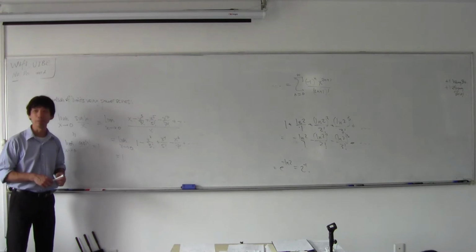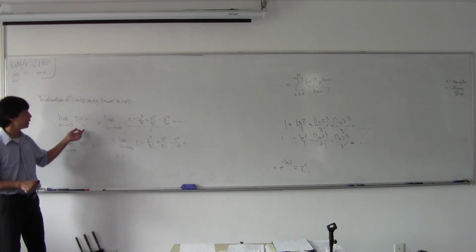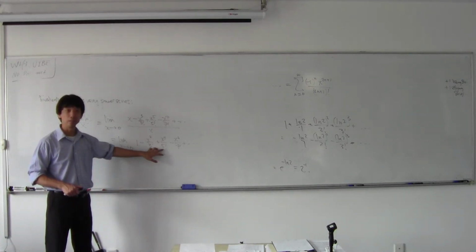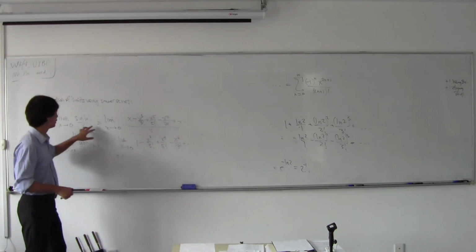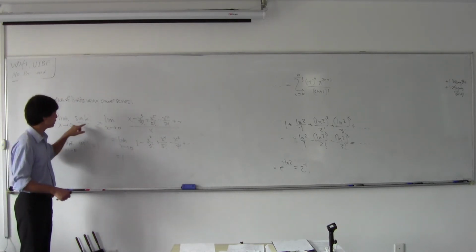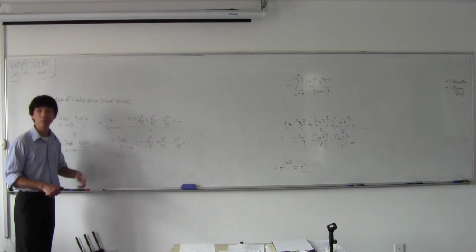It really feels like 1. The point is that this thing here is the power series expansion for sine x over x. So as x goes to 0, you get 1.